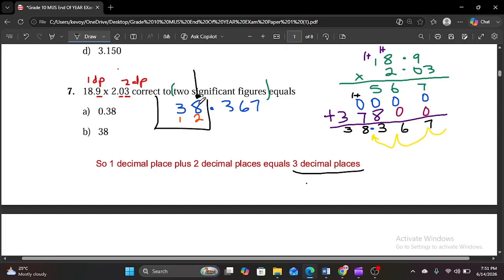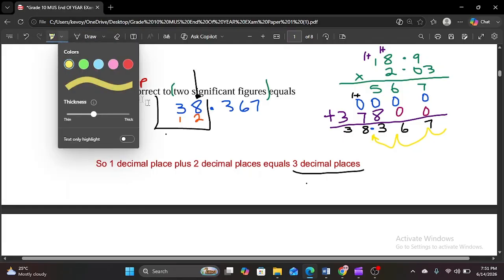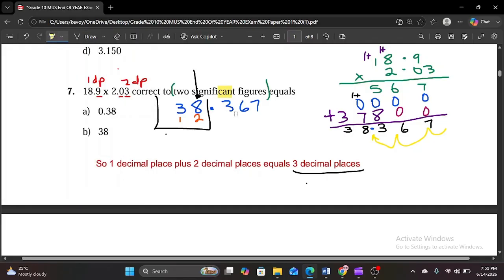So because the second significant figure is the 8, and I know the decimal point comes afterwards, if I'm rounding to the second significant figure, I still have to treat it like I'm rounding numbers. So I would have to look at what digit comes after the 8. And I can see right there that the digit that comes after the 8 is just 3. And 3 is less than 5.